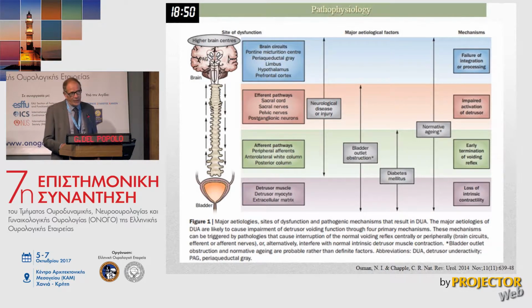And if you have an impact on the afferent pathway or peripheral efferents, we have early termination of the voiding reflex. And last but not least, if you have damage just in the muscle, we have a loss of intrinsic capacity. This is a very important aspect when we try to recover bladder voiding.